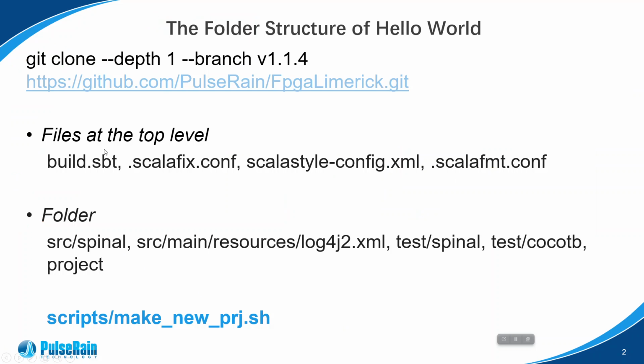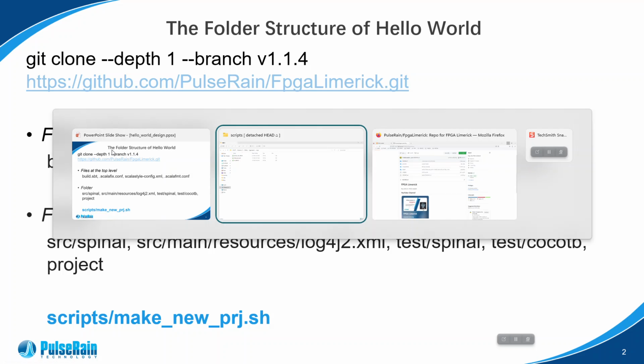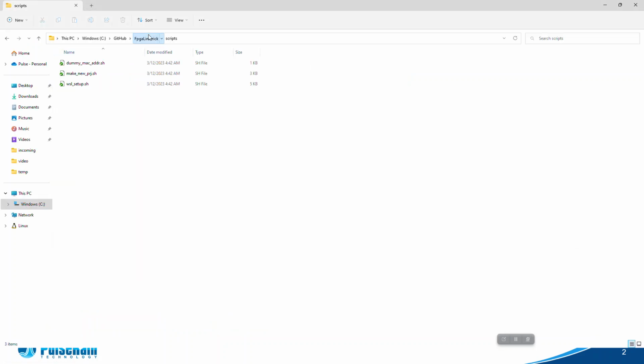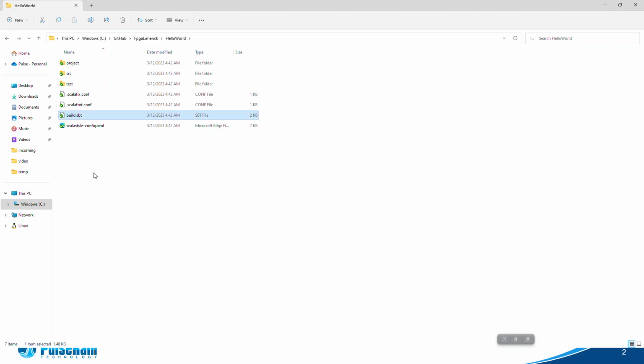At the top level of the Hello World, we have this SBT file, and we also have those three additional files for the lint and the format, which we mentioned in the previous episode.